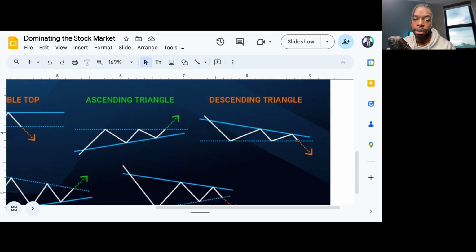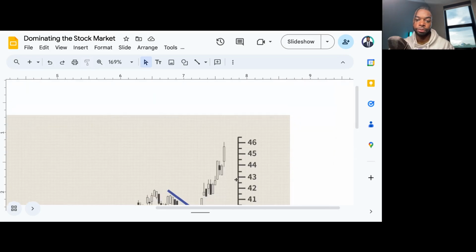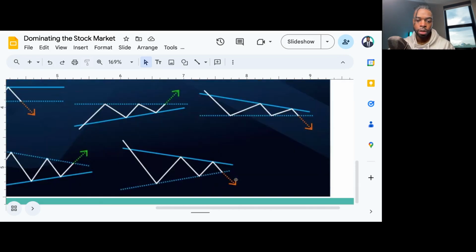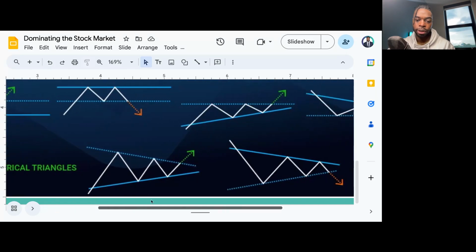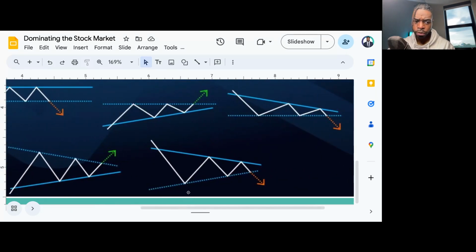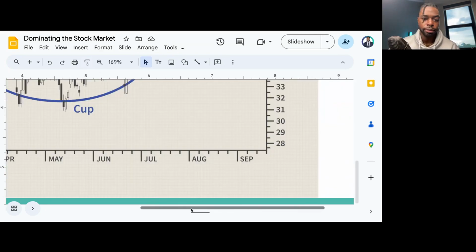And that's really bullish, by the way. And for a descending triangle, you're getting a flat bottom and a downtrend. And then last but not least, we have symmetrical triangles, but I don't really see that too much.